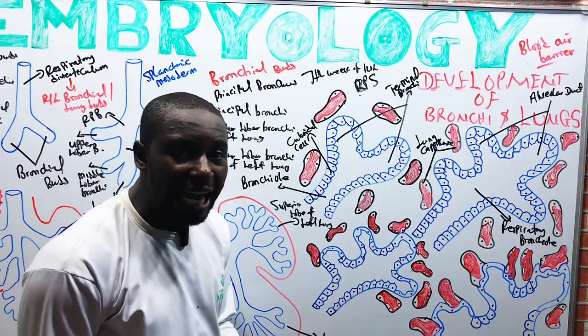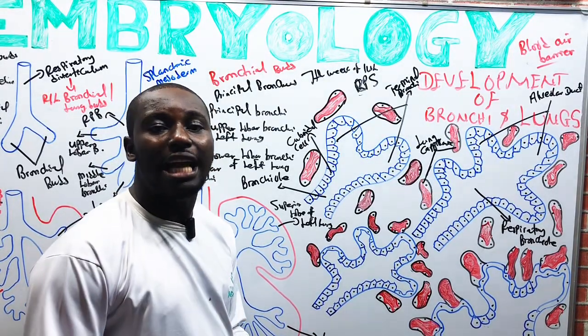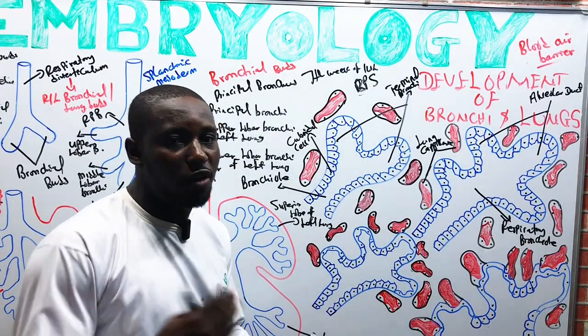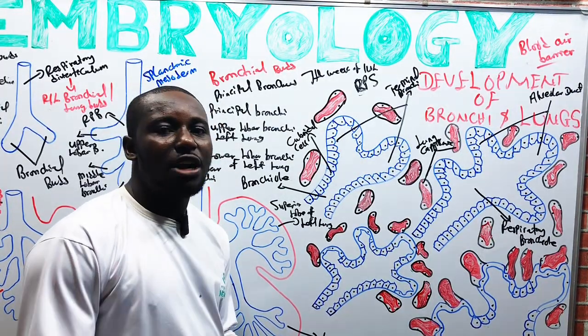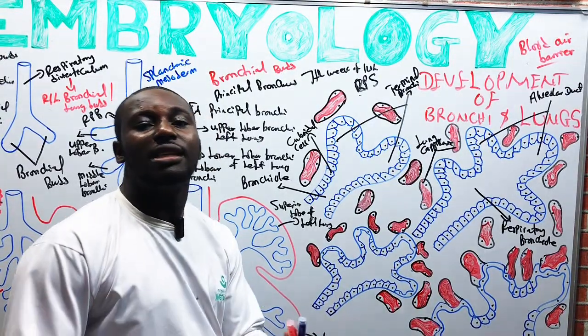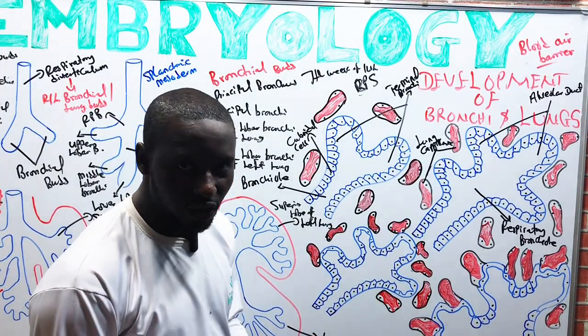The type 2 pneumocyte, or type 2 alveolar epithelial cell, is responsible for the secretion of the surfactant, right? And recall that the deficiency of surfactant leads to respiratory distress syndrome or hyaline membrane disease, right?